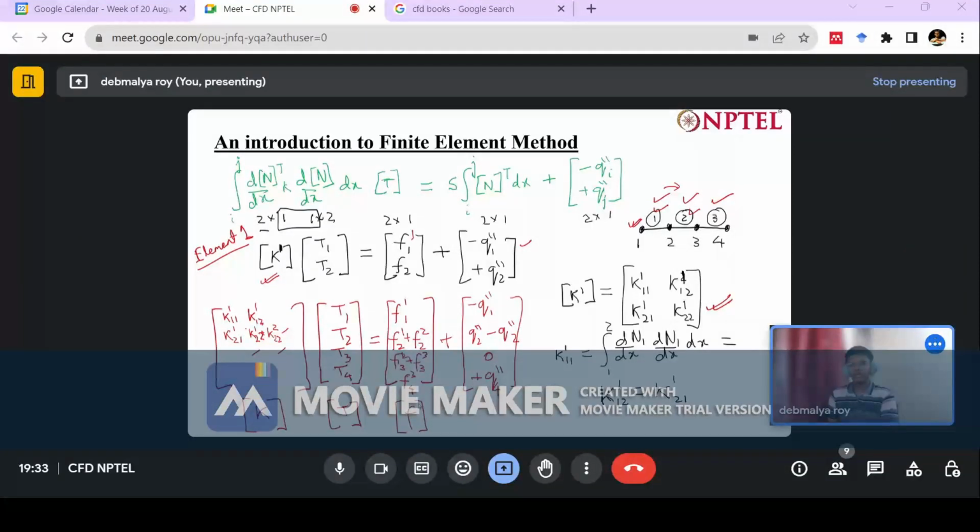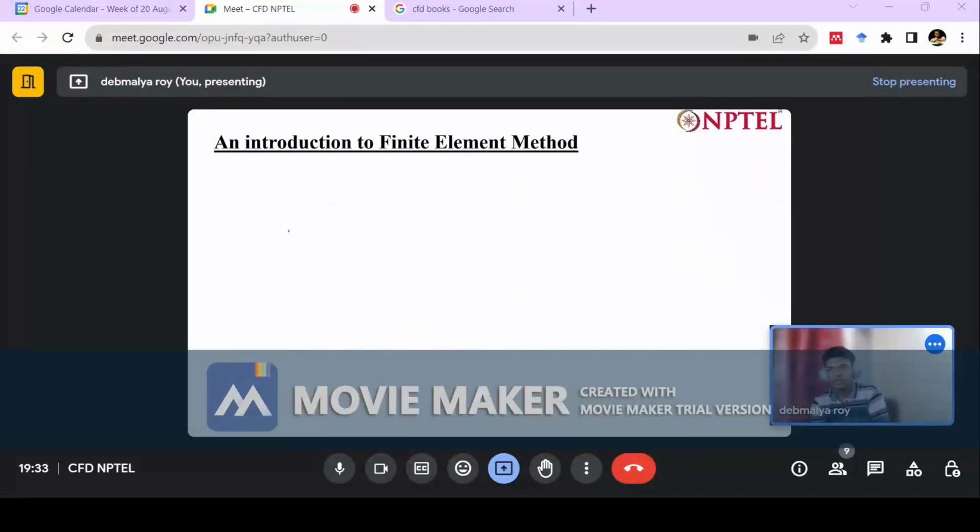So what are we left with? We are left with this very nice form K. This is called the stiffness matrix, multiplied by this T. In this case, this is temperature, but this is generally called the displacement vector. This is the way these are named, by comparing this to a spring mass system. In a spring mass system, generally you have F equal to kx kind of a pattern.